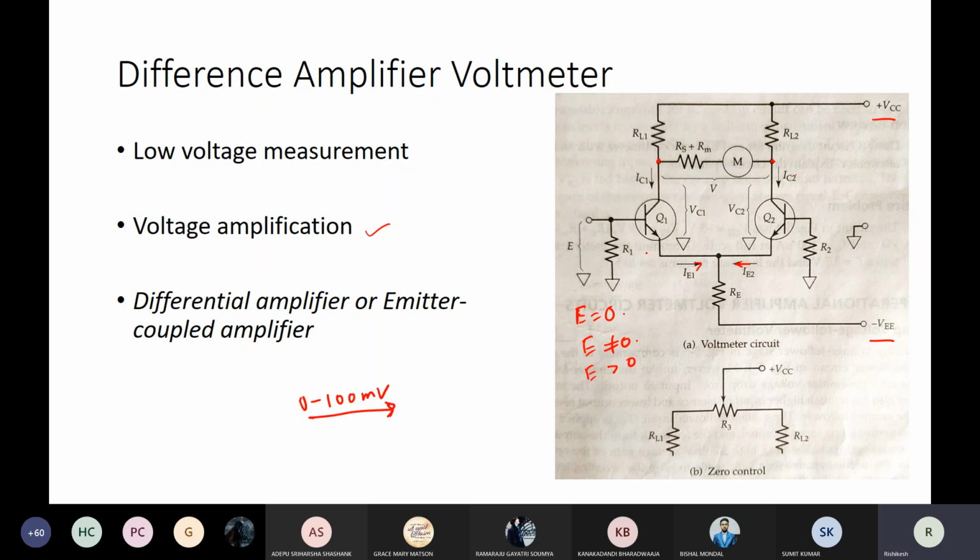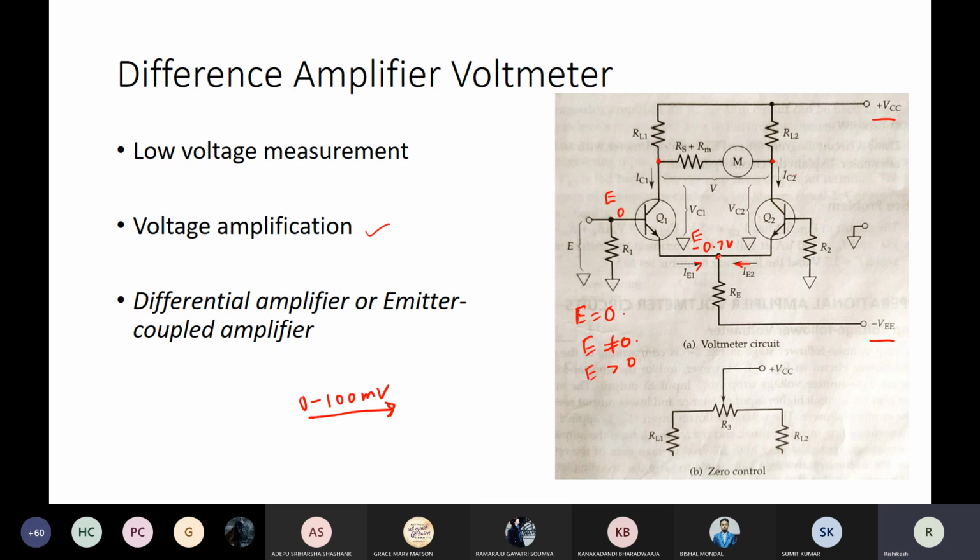It will increase the potential at this node. Initially, when E is 0, this is at minus 0.7 volts, but when it is E, it is E minus 0.7 volts. So it will increase for the positive value of E.